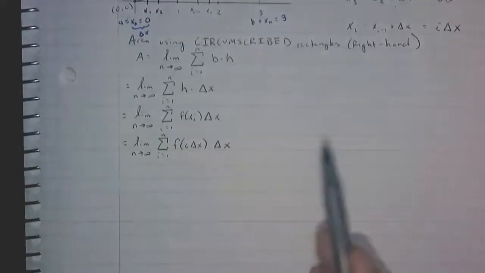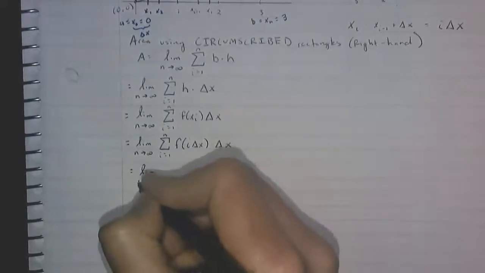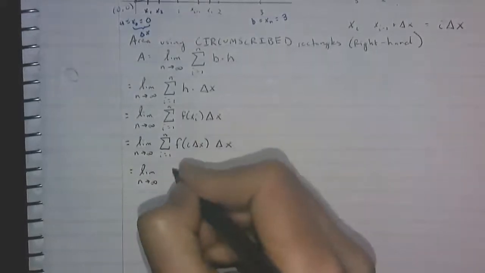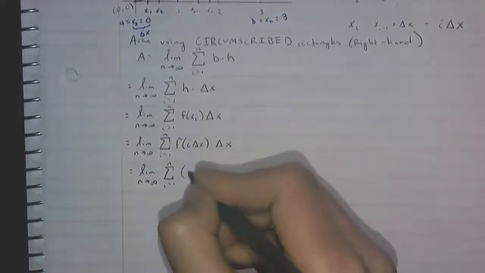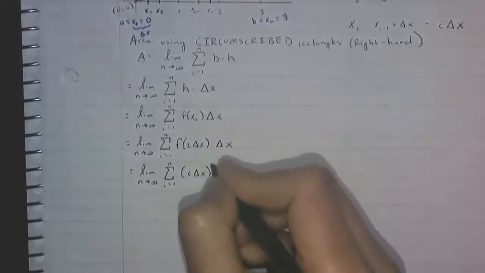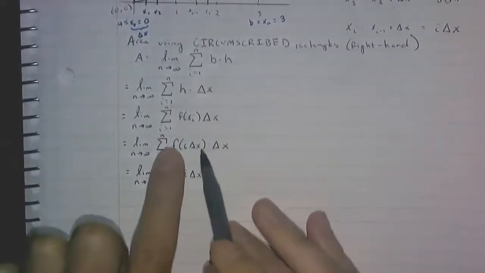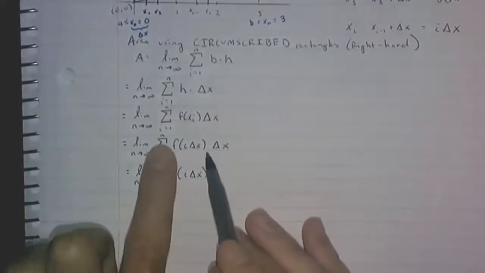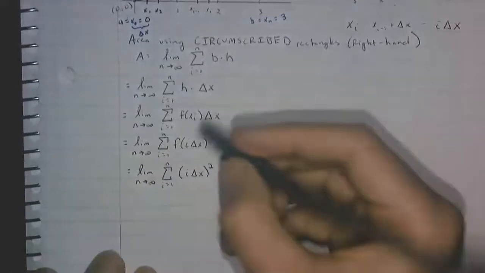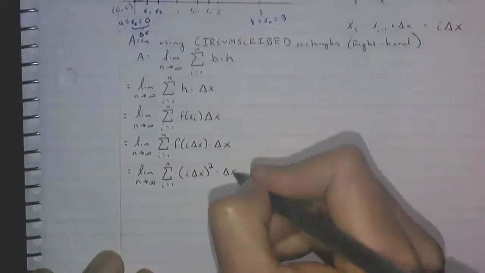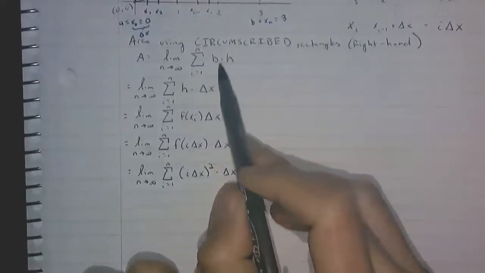So now we're going to plug i delta x into our function, which happens to be the quadratic function. And so we'll do the limit as n approaches infinity of the sum from 1 to n of i times delta x squared. We're just applying the function f now. The function f is x squared. So this is our input, and this is what comes out. Times delta x, still hanging around from the base.